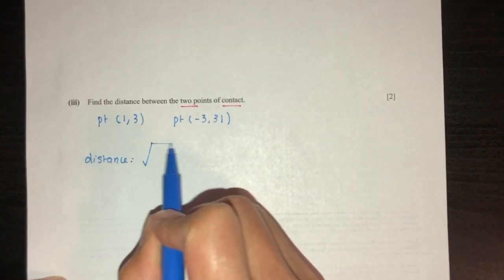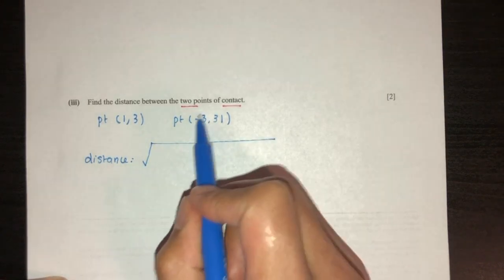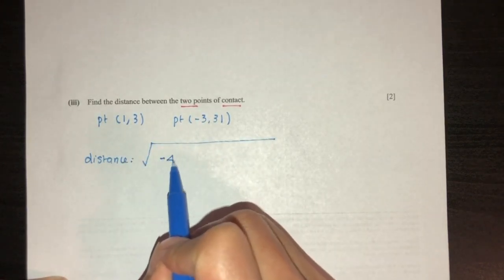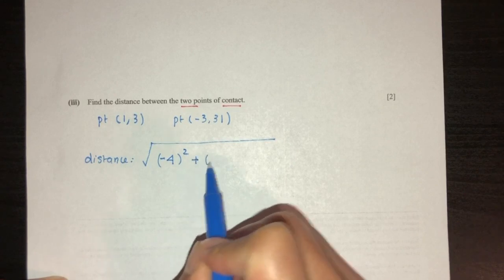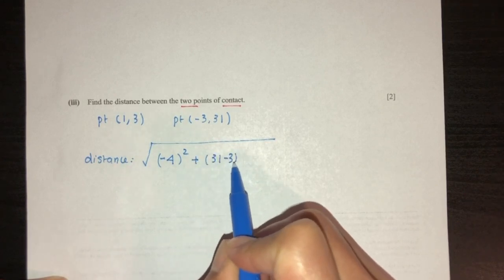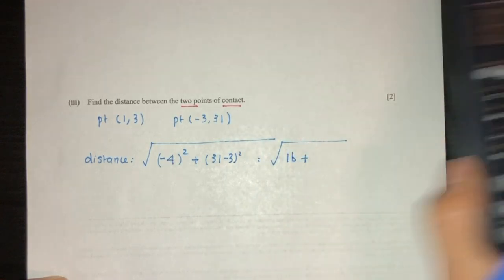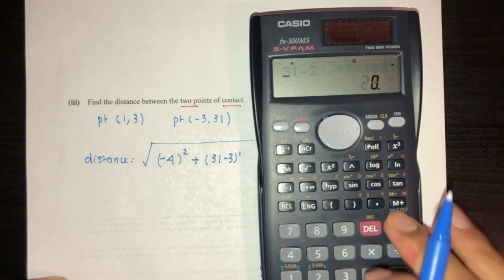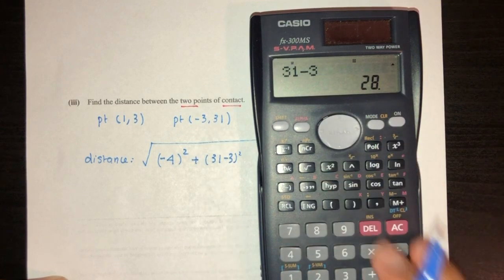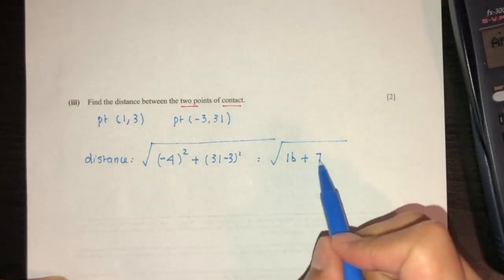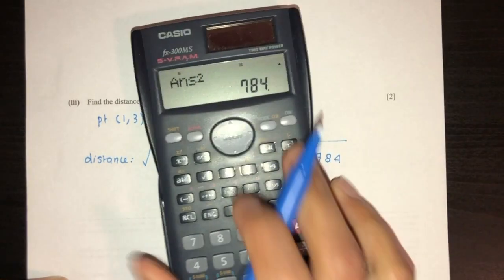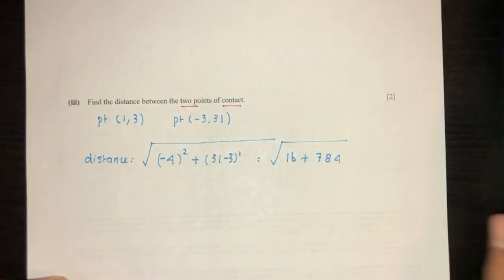It is square root of x2 minus x1, that is minus 4, right? Square plus 31 minus 3 squared, that is root of 16 plus 784. So 784 plus 16, that will be 800.